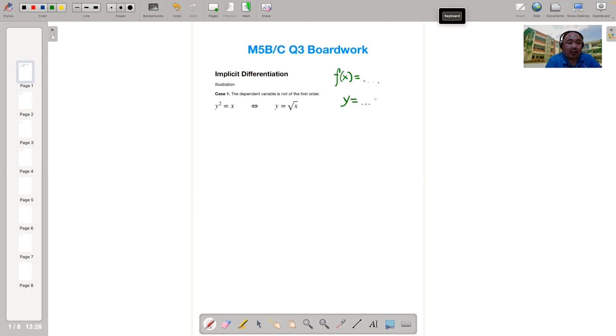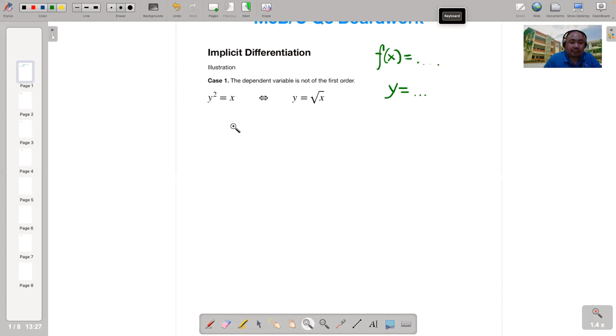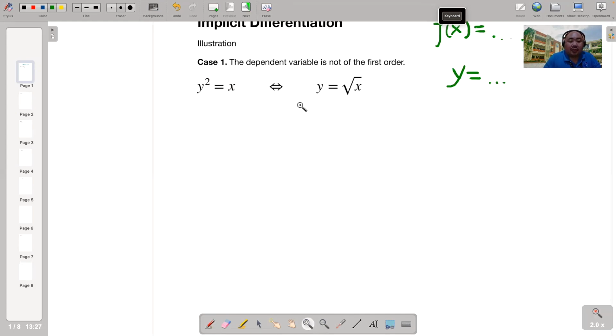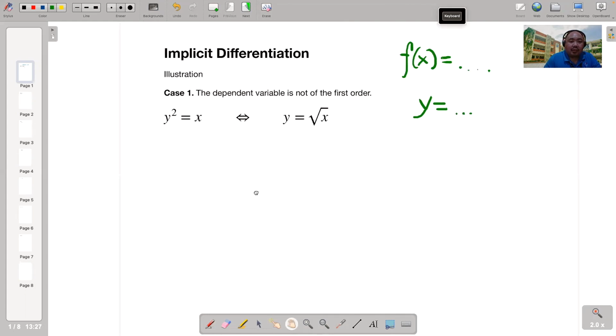Now, functions may be expressed in a different manner. Take a look, for example, at this case: y squared is equal to x.